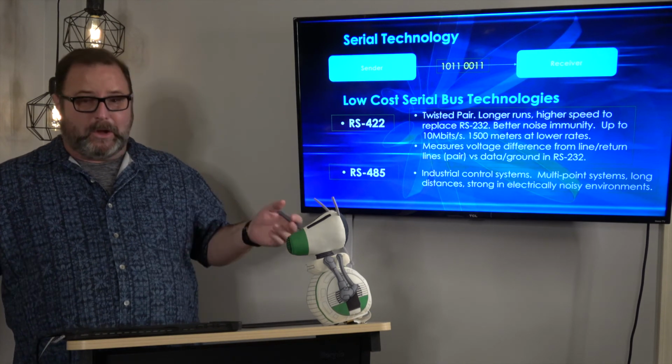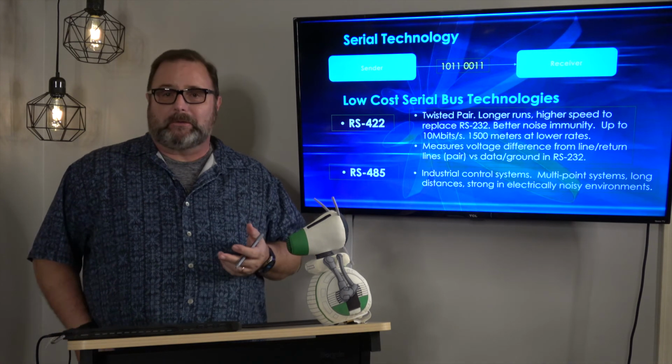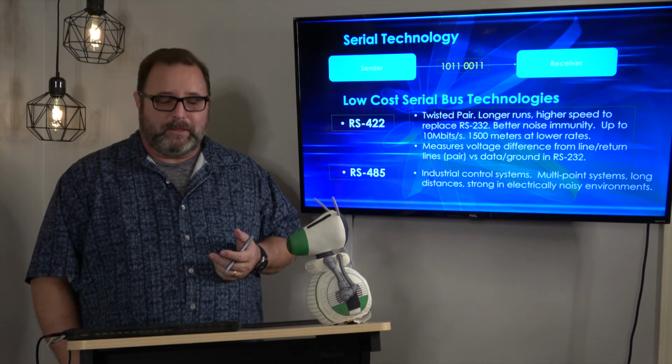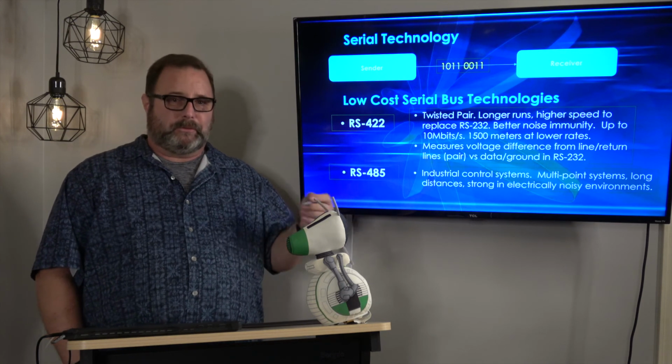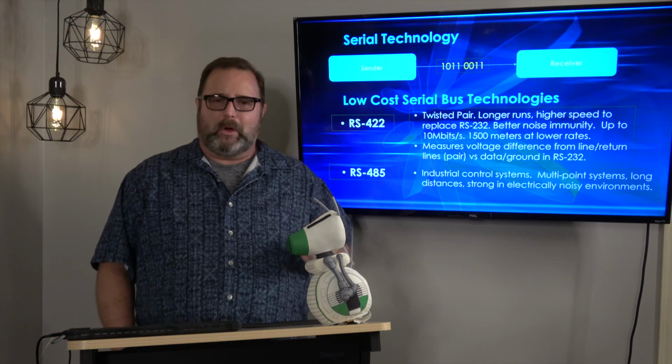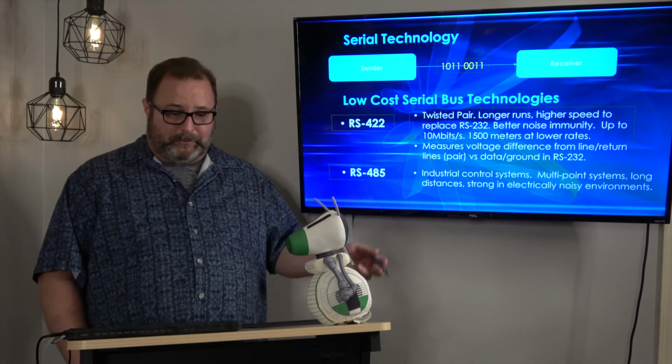And you need to go long distances with multiple things you're connecting, you're going to look at using RS485. Okay, that's the protocol that is really good for big industrial systems. Okay, all you really need to know at this point is RS485 is good for big industrial systems.